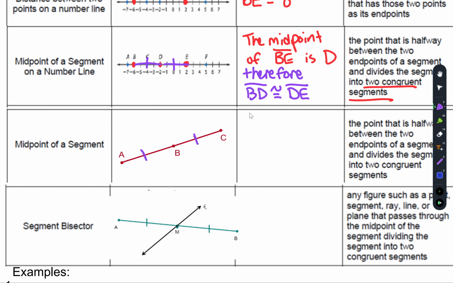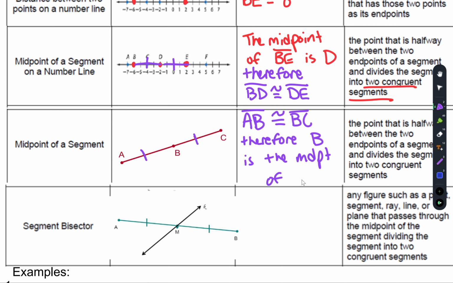So let's say because AB is congruent to BC, therefore, B is the midpoint of AC.